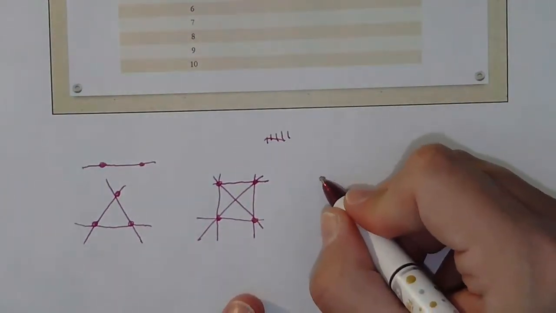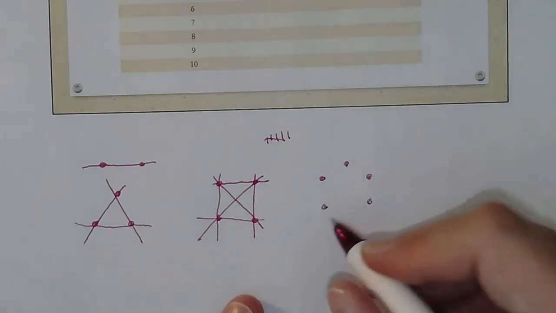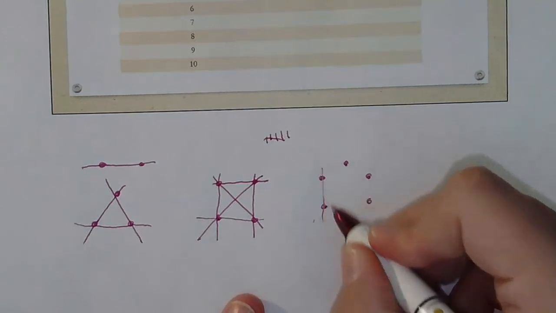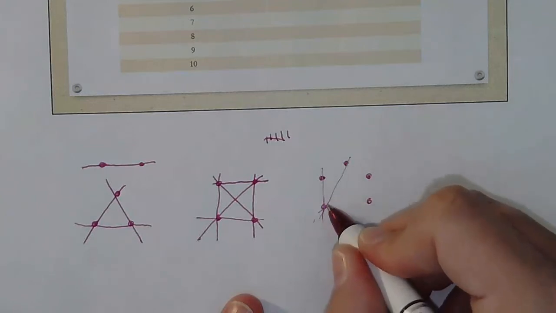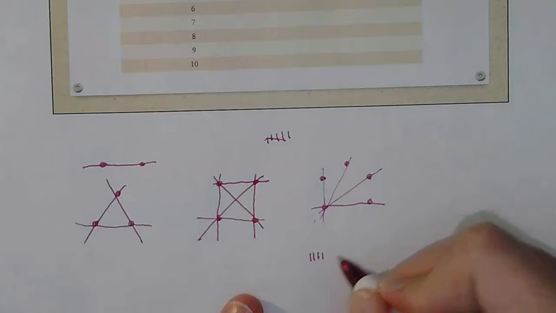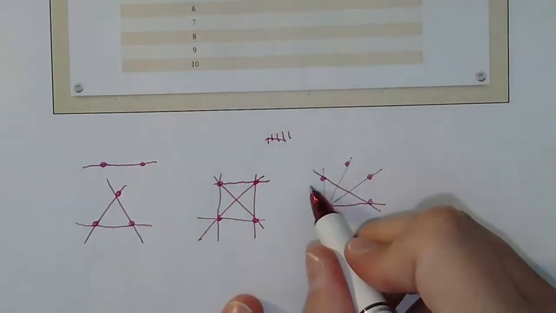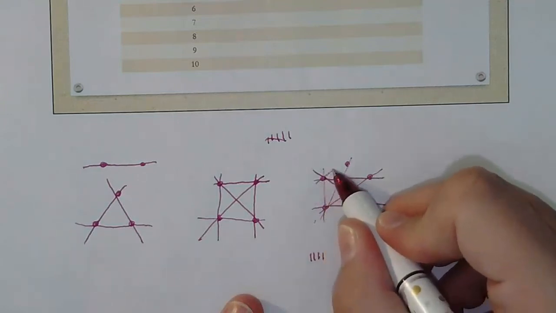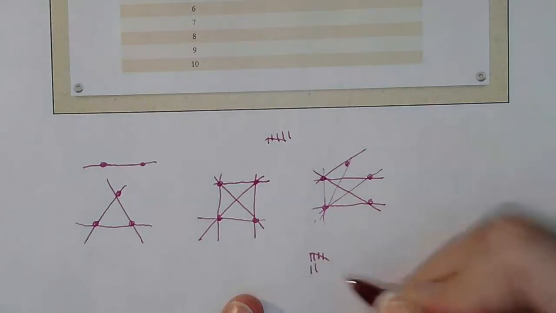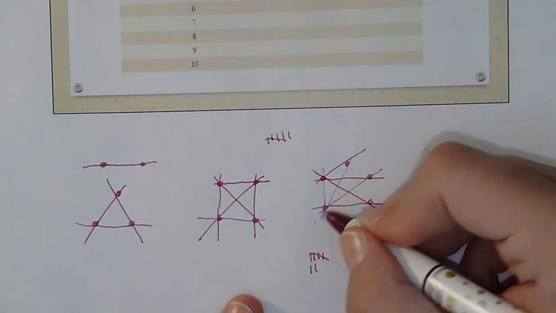With 5 points, 2, 3, 4, and 5. I'm going to start with this point. I can go here, 2, 3, and 4. With this point, I've already gone down here, so I can go 1, 2, 3 more. This one has already gone here, and it's already gone here.